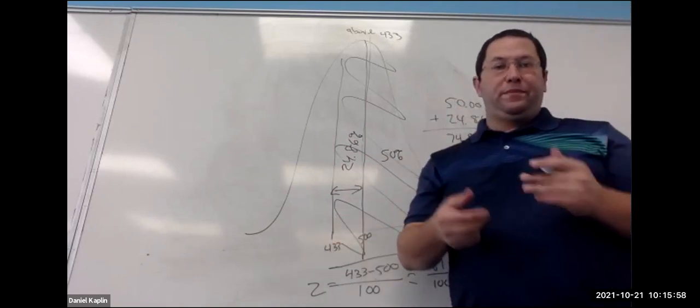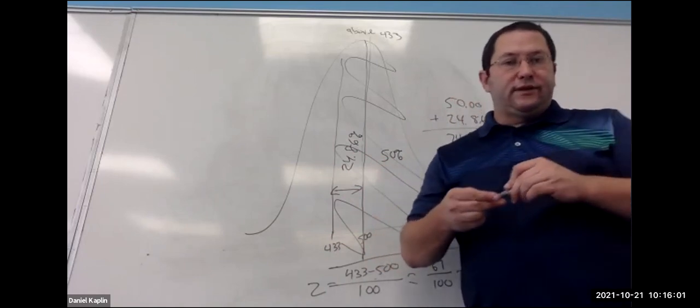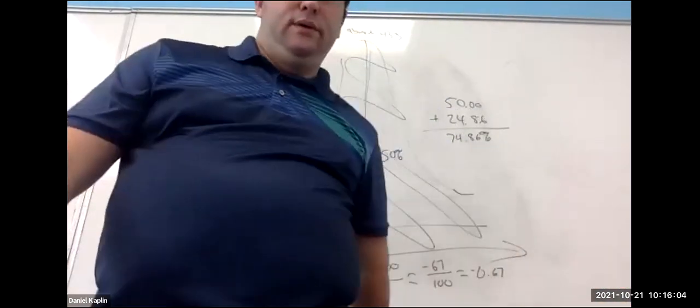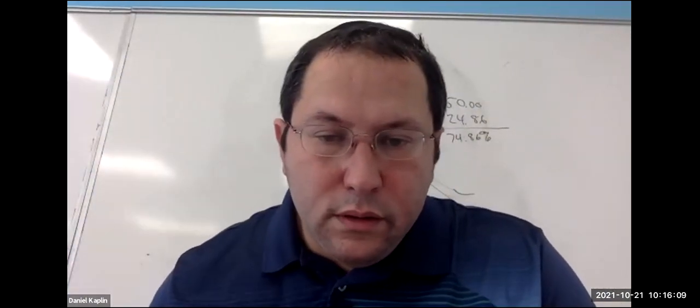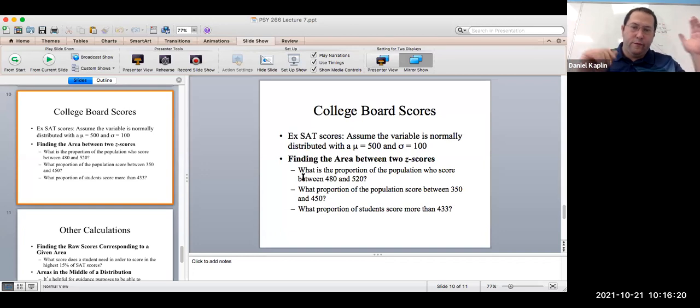So I hope that that has illustrated what I'm trying to accomplish, right? So the first thing we were doing on this slide was to calculate the distance between 480 and 220. They're on two sides of the distribution, so we add. The proportion of the population that's between 350 and 450 is on the same side of the distribution, so we subtract, right?